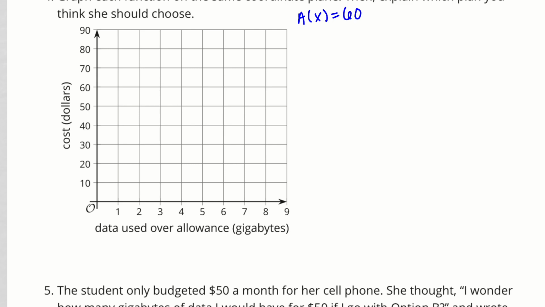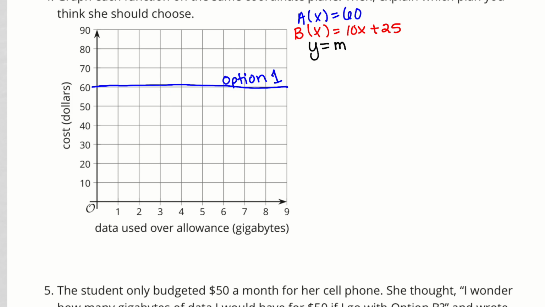So we're going to put a horizontal line at 60 for option 1. For option 2, b of x equals 10x plus 25.